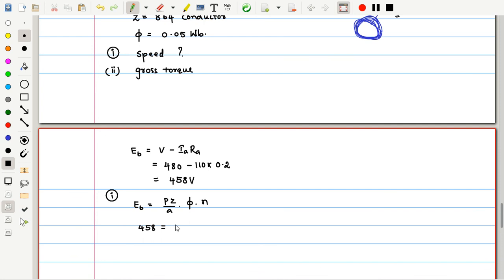Z is the total number of conductors, 864, and flux per pole is 0.05, into n. So 864 into 0.05, this is the speed in rps, revolutions per second. If you divide the same expression by 60, you will get rpm.